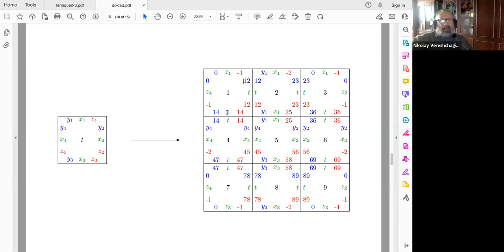So the parential index of the corner tiles determines uniquely all the other indices. And why is this? For example, consider the corner tile number 1. Green indices are fixed, red indices are fixed, and Z1 and Z4 are defined uniquely from T.